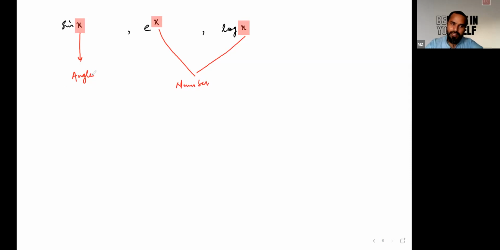Whether it would be an angle, it is a dimensionless variable term. So it is nothing but a dimensionless quantity. Whether it would be an angle or any number, these two will define nothing but dimensionless. For a dimensionless quantity, we can write M to the power 0, L to the power 0, and T raised to the power 0 for its dimension.